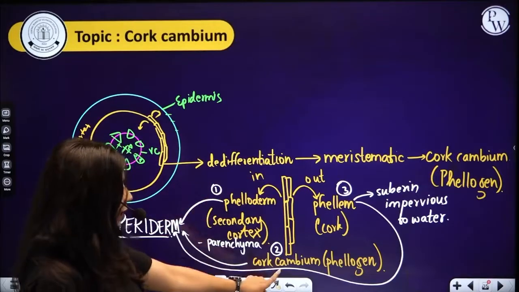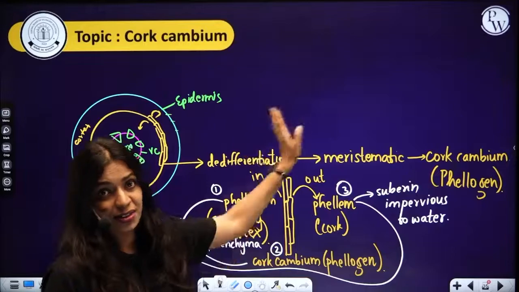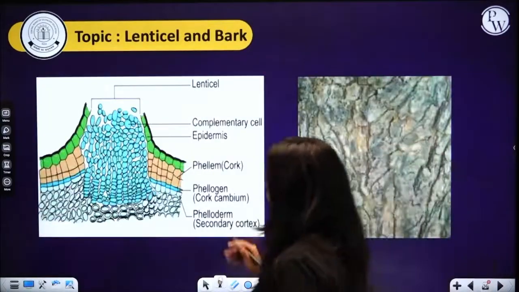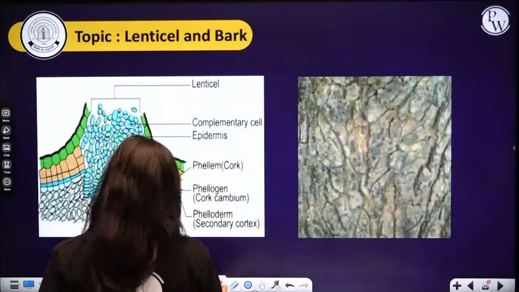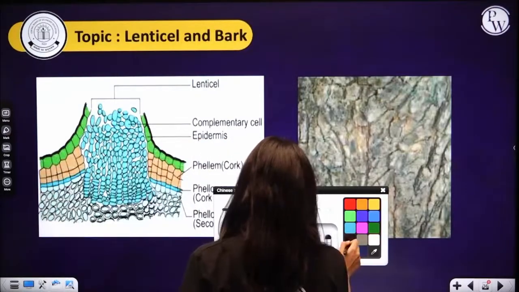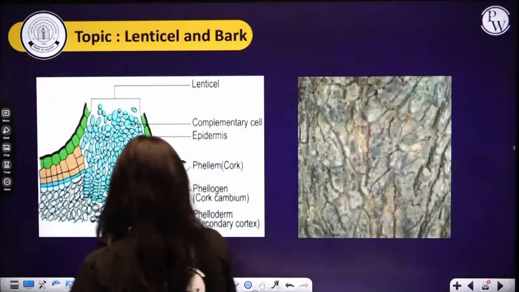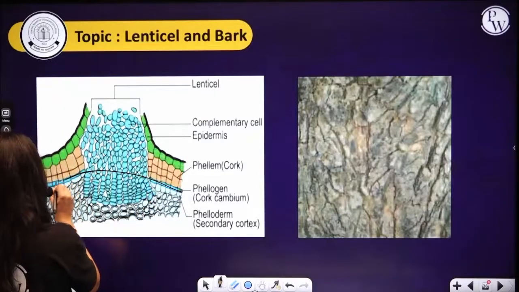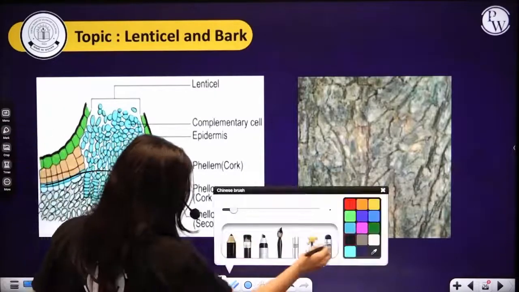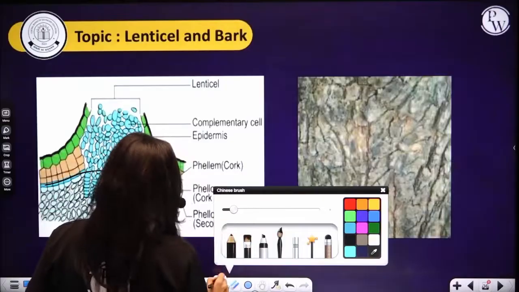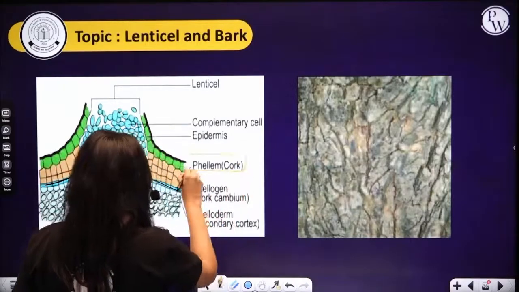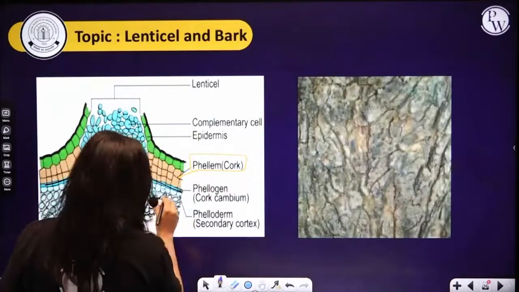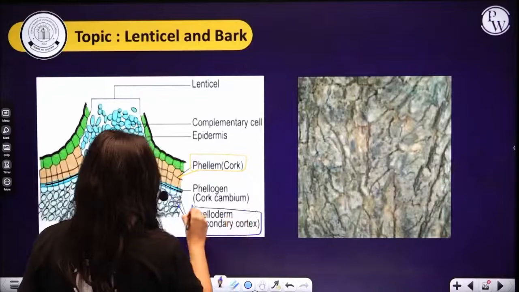Okay, now sometimes the cork cambium, instead of producing cork cells towards the outside, will produce compactly arranged parenchyma cells. Over here, look here. I'm going to show you a section of cork cambium. Whatever I'm highlighting here is cork cambium. Towards the outside of cork cambium, you have phellem or cork. Towards the inside, you have phelloderm or secondary cortex.